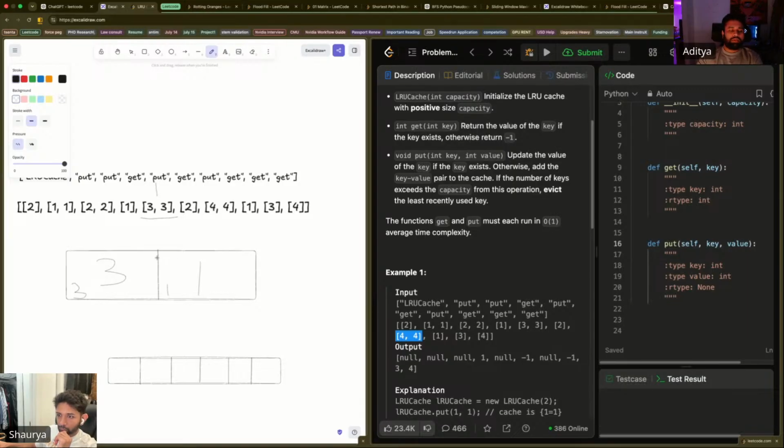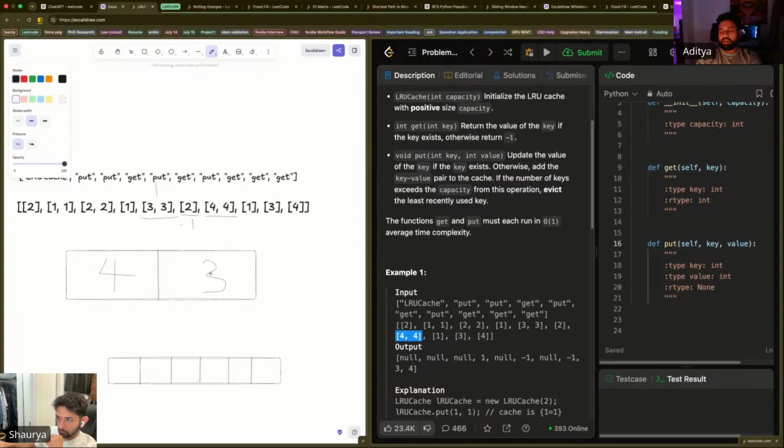Now what will become the least recently used one? This will get moved to the front because it was accessed. So this is 1 and now this is 3. When we say get 2, this will just return -1, so we don't need to worry about it. But 4 comma 4 is put, so we'll replace 1, because that was the least recently used.